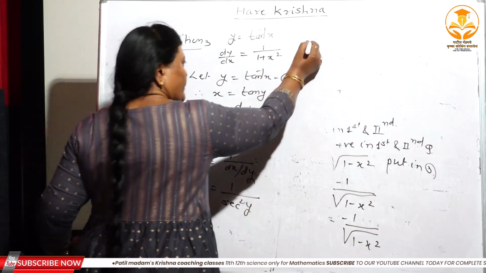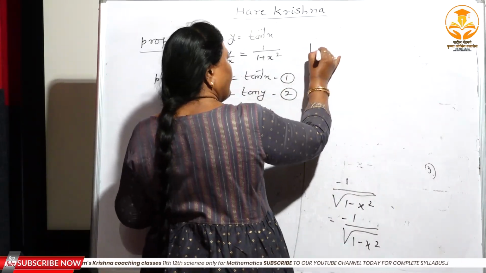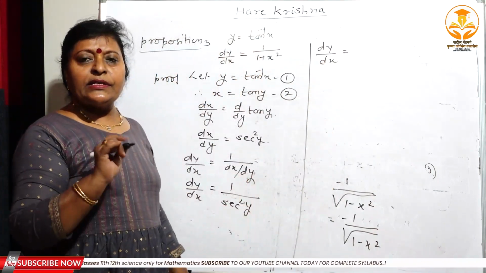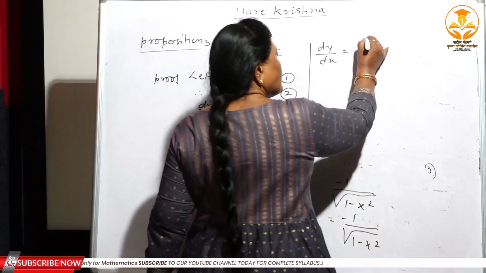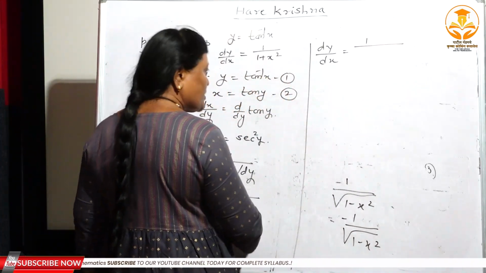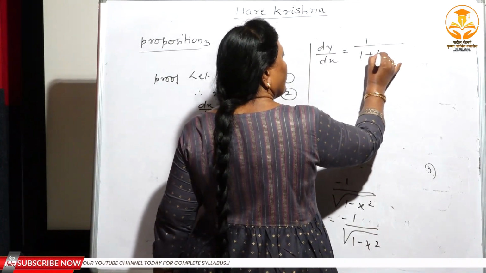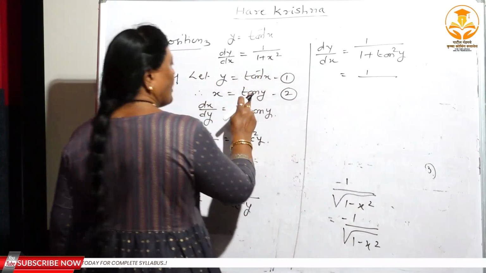Now here, see dy by dx, you know the identity: 1 plus tan square x is equal to sec square x. Therefore, 1 plus tan square y is equal to sec square y. So in place of sec square y, you can substitute 1 plus tan square y. And what is the value of tan y?